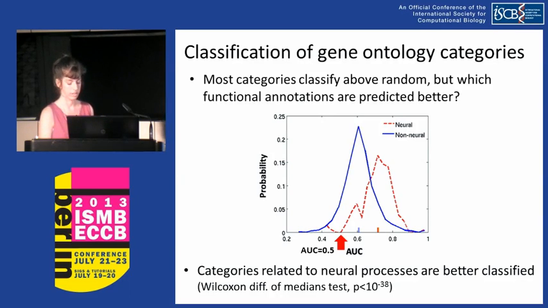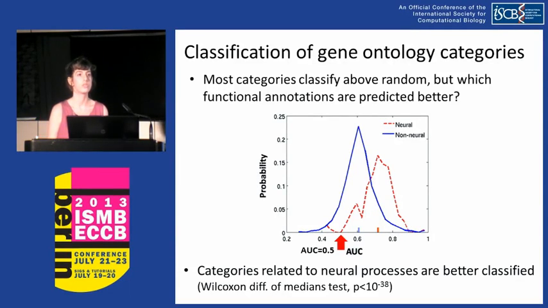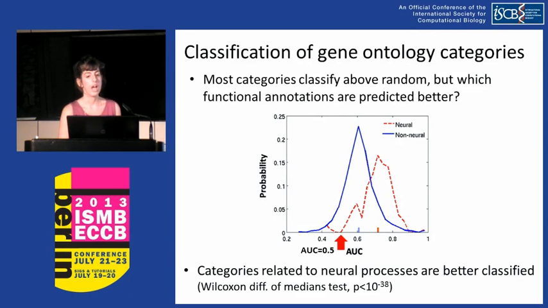So we looked at area under the ROC curve scores for our 2081 categories. And we were very happy to see that the vast majority of categories classified above random, above 0.5. And then lots of categories classified with very high AUC scores. And then we asked which functional annotations can be predicted better from this data set.